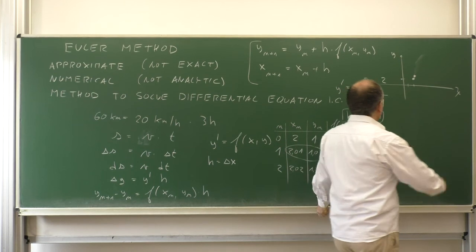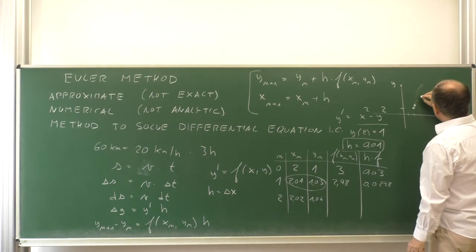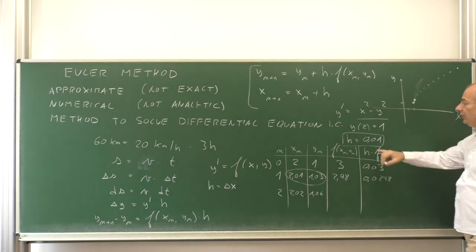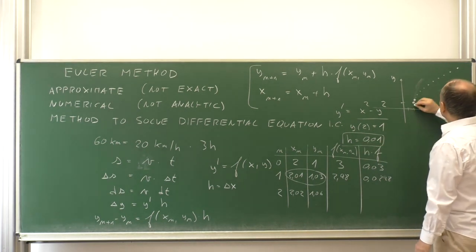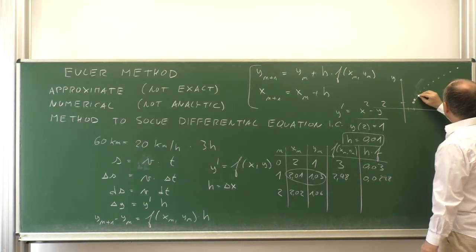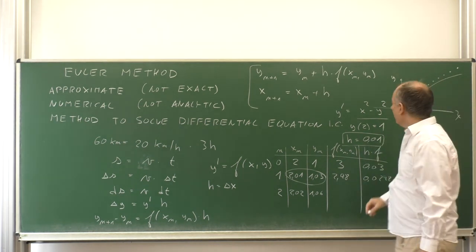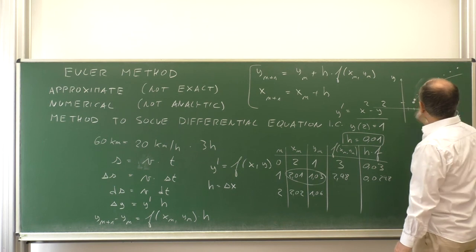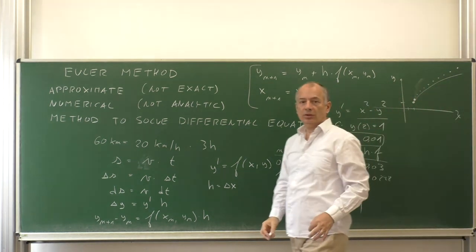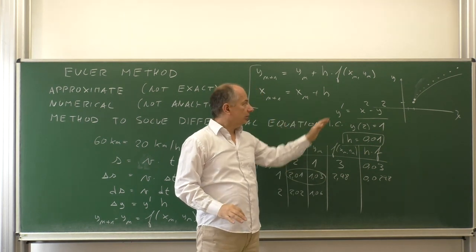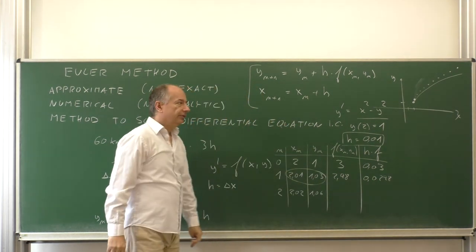So in this way, we get a series of points, and if h is small enough, then these points should approximate the solution of the differential equation. So we get a chain of points, a sequence of points, which, if everything goes well, are close to the graph of the solution to the differential equation.